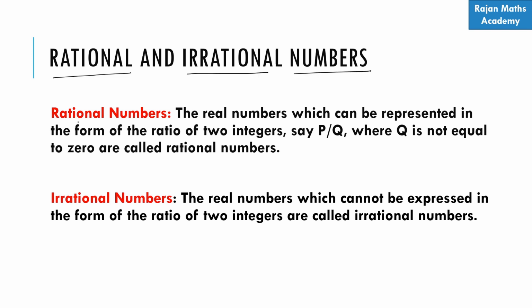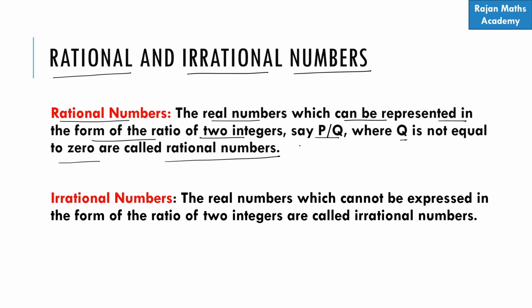So first, rational numbers: the real numbers which can be represented in the form of ratio of two integers p by q, where q is not equal to 0, are called rational numbers.